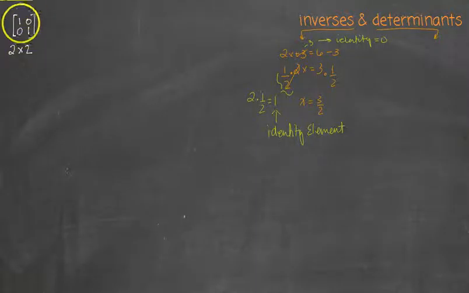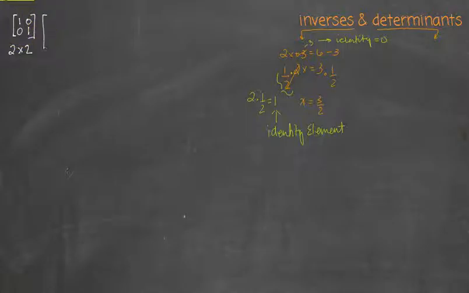So all 2 by 2 matrices, this would be their identity element. If I can reduce a 2 by 2 matrix to its identity, then I've basically been able to do the same operations I do with real numbers, only I've done them with matrices.